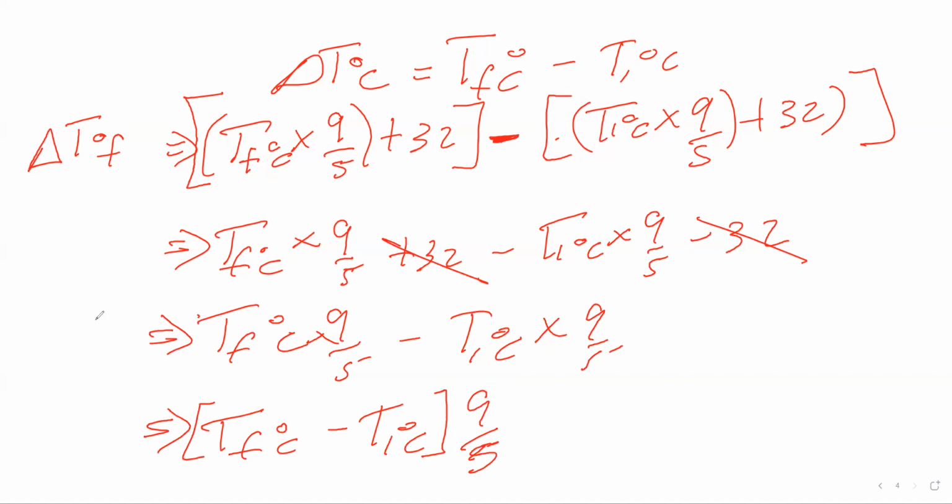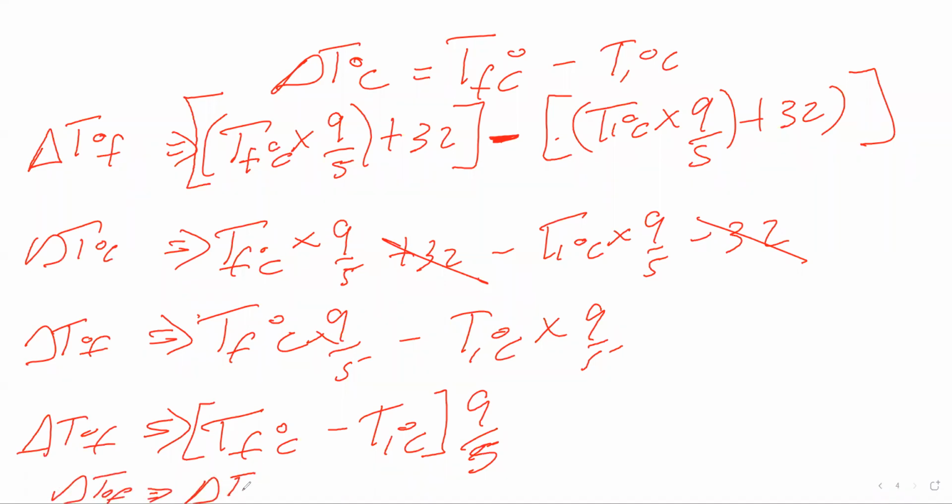So essentially, if I need to find a temperature change, let me put this back down here: my temperature change in degrees Fahrenheit is equal to the temperature change in degrees Celsius times 9/5. Does that make sense? You just subtract the final and initial and multiply by 9/5, and you have the temperature change in degrees Fahrenheit.